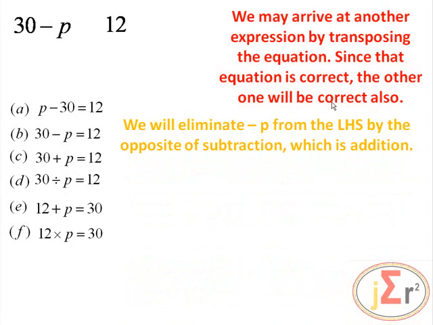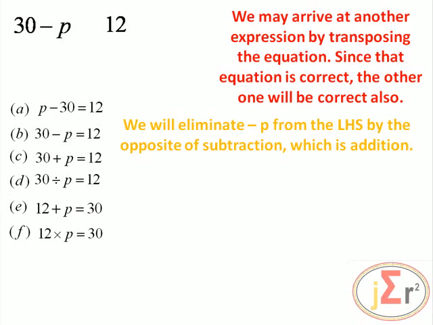We will eliminate negative P from the left hand side by the opposite of subtraction, which is addition. So we are about to transpose this equation, and we have the equal sign emphasized, because it is important to note that it is an equation.